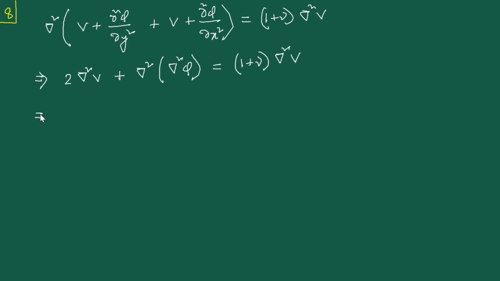So overall what I'm going to get is del 4 phi. This is the Laplacian of the Laplacian, the bi-Laplacian, very commonly referred to as the biharmonic operator. And on the right hand side, I'm going to get nu minus 1. So I just write it like this.